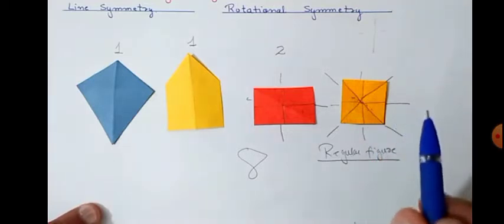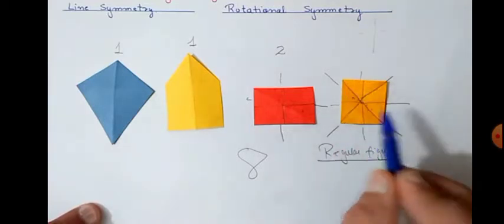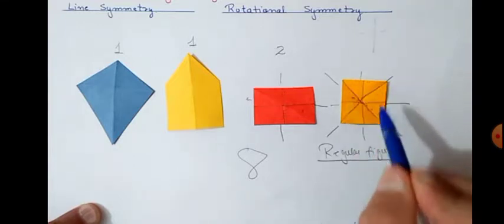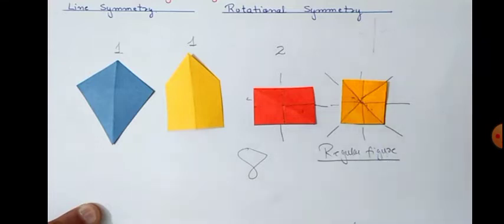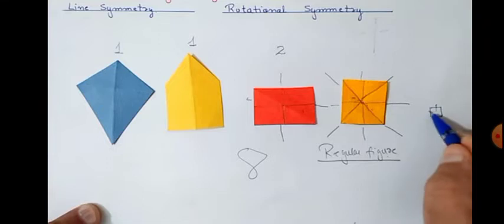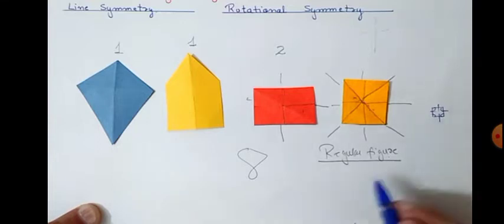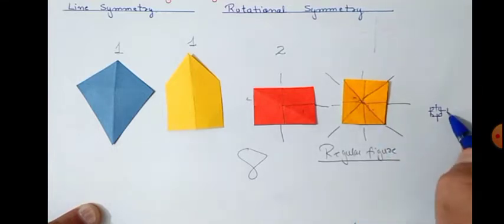Regular figures are those figures in which all sides are equal and all angles are equal. So if anyone asks you what a regular figure is, it has all angles and all sides equal. That is known as a regular polygon.